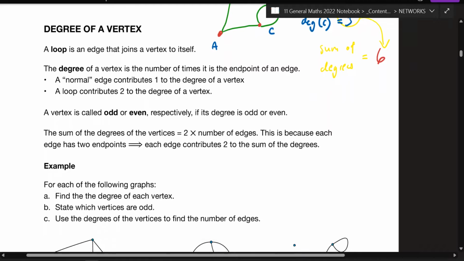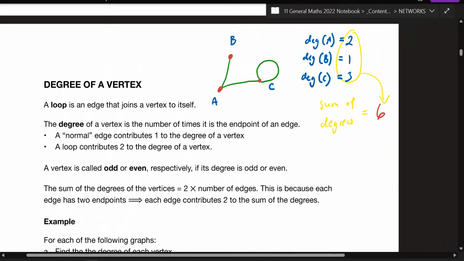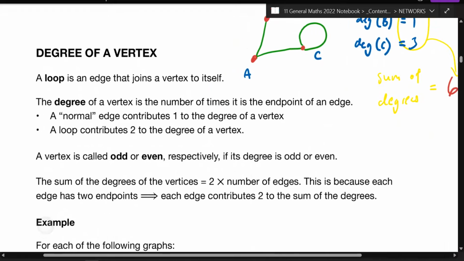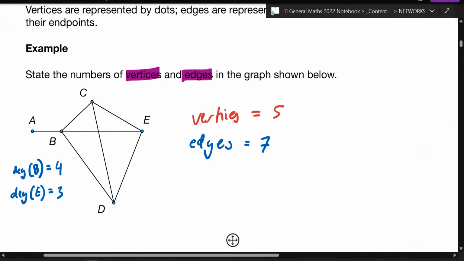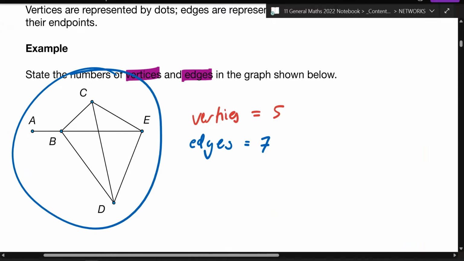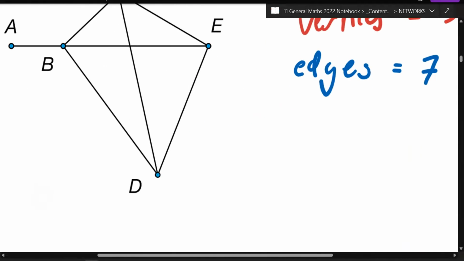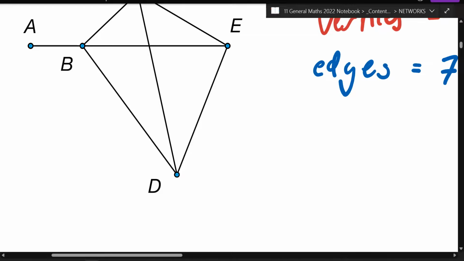Now, there's a trick way of figuring out the sum of the degrees. If you want to find the sum without having to count each vertex individually, all you have to do is count the number of edges.